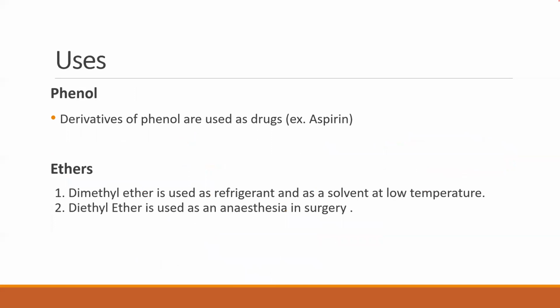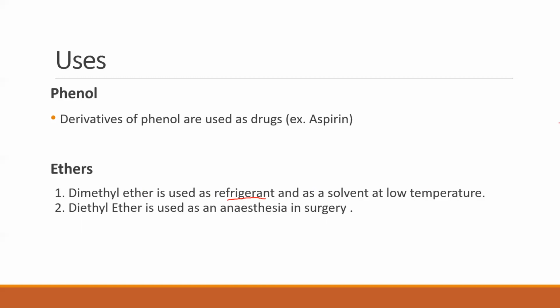Phenol, a lot of derivatives of phenols are used as drugs. Clear? One such thing is aspirin, which we already came across when we did the reactions. Ethers, dimethyl ether is used as a refrigerant. Now, what is a refrigerant?